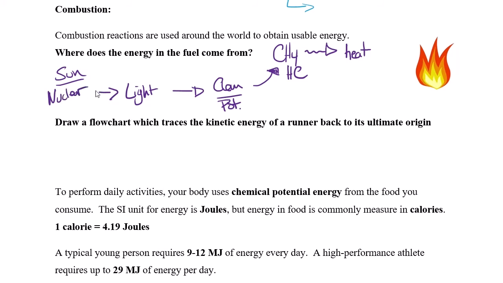And the energy released during the nuclear reaction allows the energy in the hydrogen atoms in the sun to be converted into light and then into chemical potential energy and then finally into heat that you can use to heat your house.